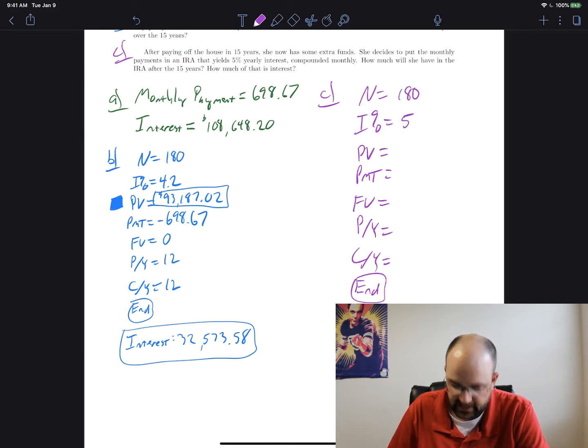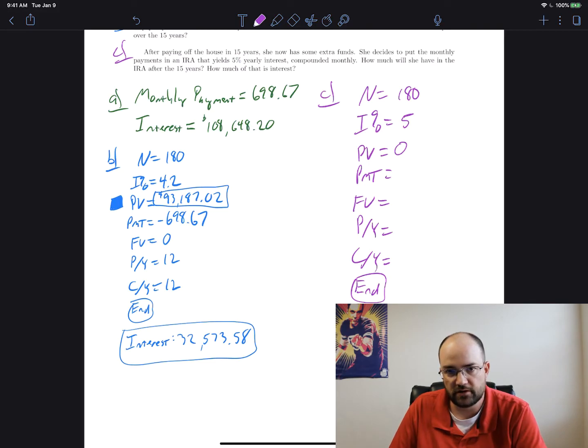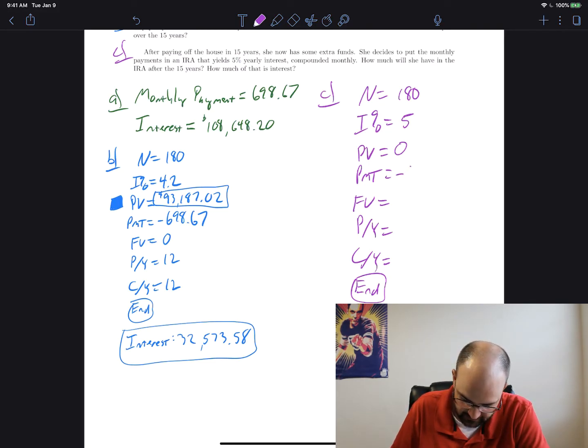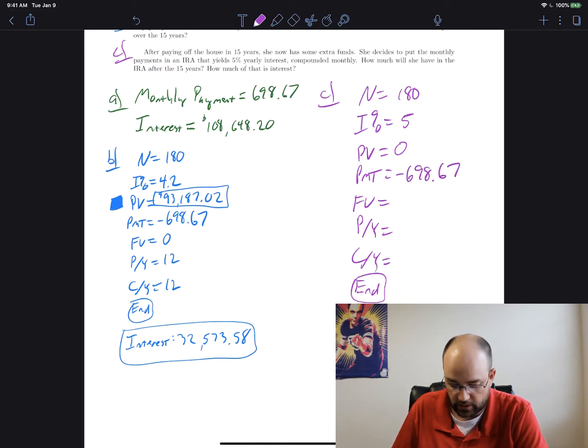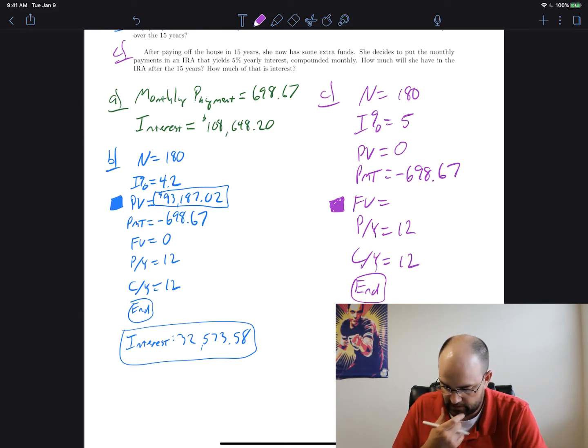The interest rate this time is 5%. The present value is nothing because you start with nothing in the account. The payments will remain the same from what we saw before. The future value we don't know, that's what we want to figure out. P/Y, C/Y will still be 12.